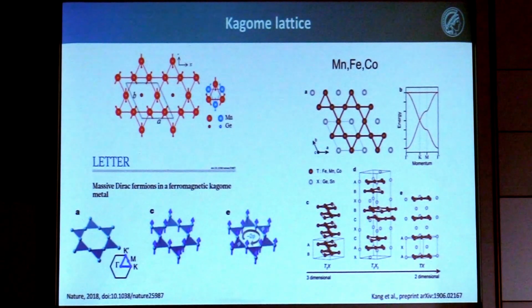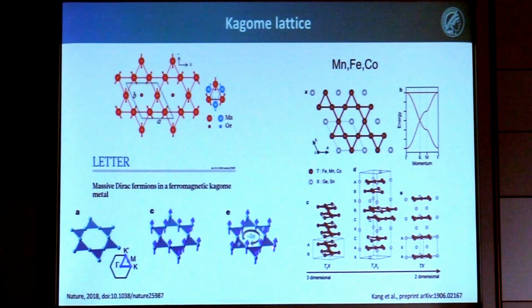But this Kagome lattice in tin compounds is not a very rare case, so you can mix them with manganese, with iron, and with cobalt. And MIT is heavily working on this, so they have several high-impact papers on the iron compound. So they found a massive Dirac fermion in iron 3 tin 2.